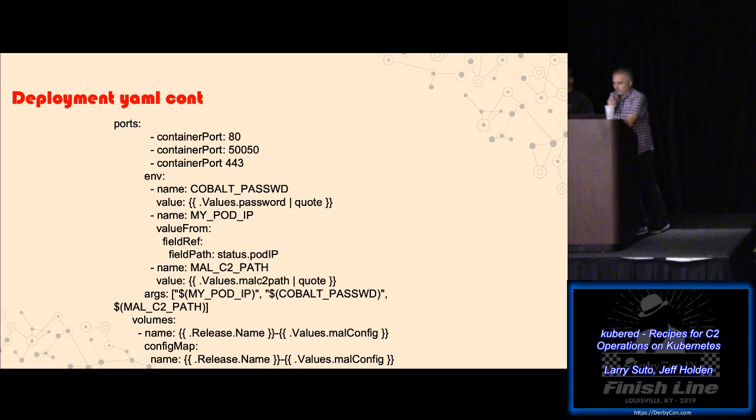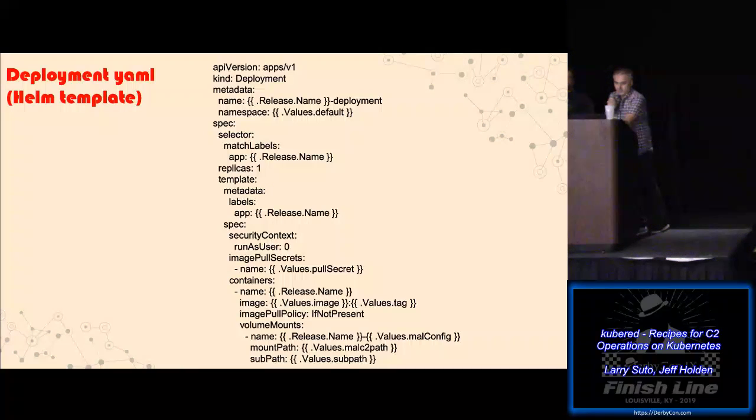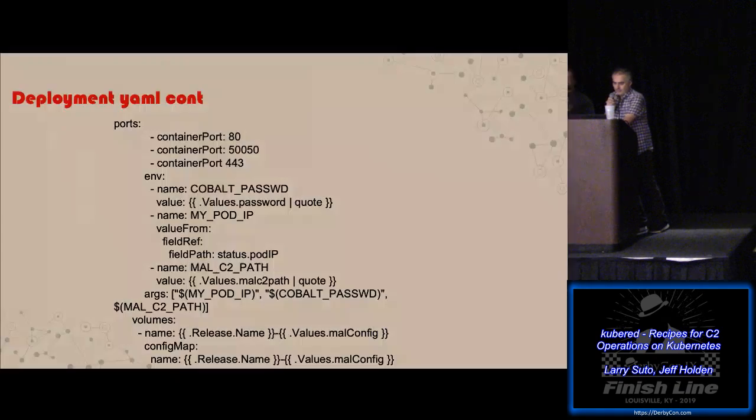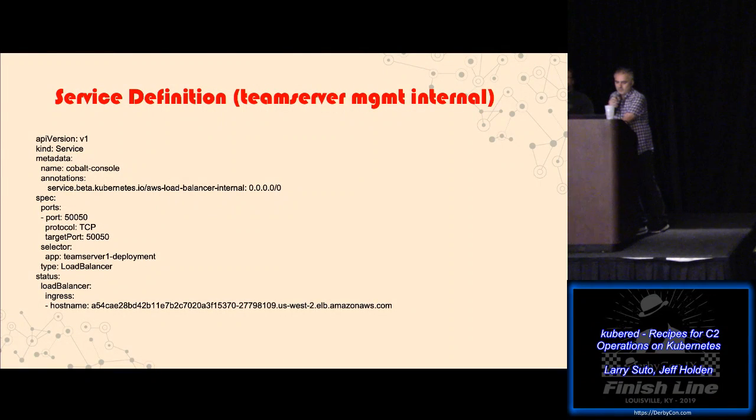If you look at the previous slide, you can actually create replicas. So if you have a lot of implants running, you can scale it and have multiple Cobalt Strike servers running simultaneously.